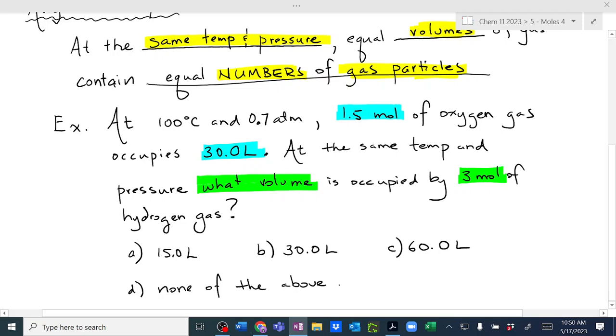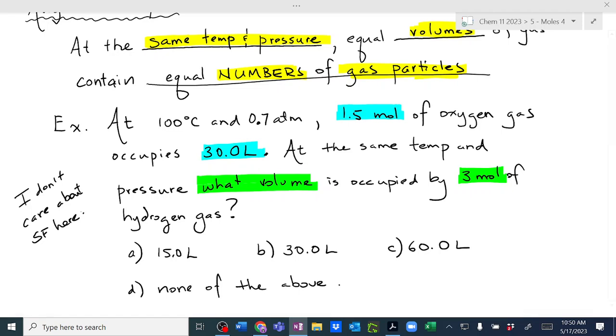Well, it doesn't matter because I don't really care about sig figs here. Honestly, sig figs when it comes to multiple choice, unless there's an answer that is correct and does not have the correct number of sig figs, just go with it anyway.